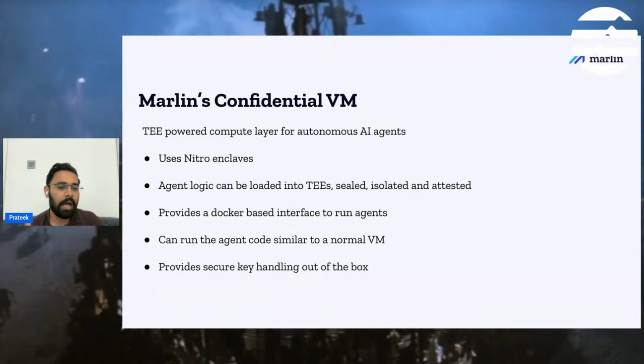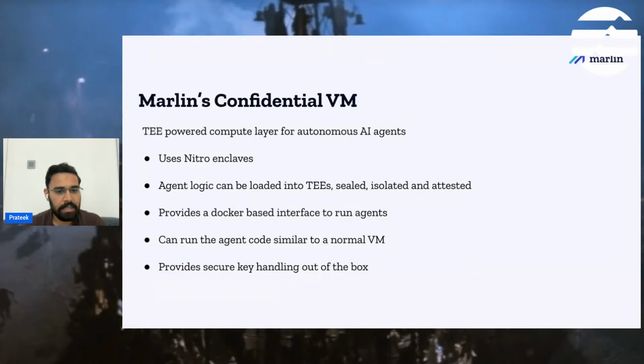And there are attestations provided which prove that the code is actually running correctly. And if, let's say, the host machine stops it and starts it again, then the attestation changes as well, which ensures that there's no way someone can cheat the users and run a different code.